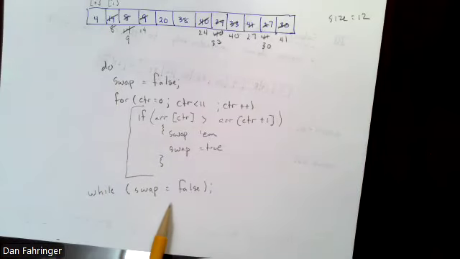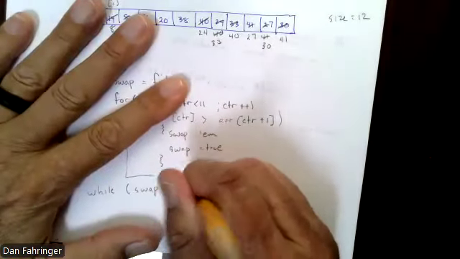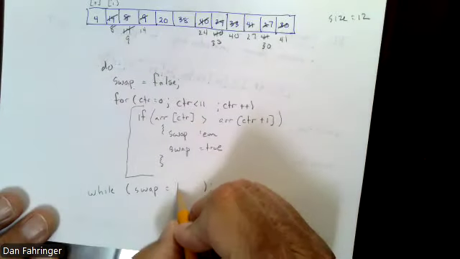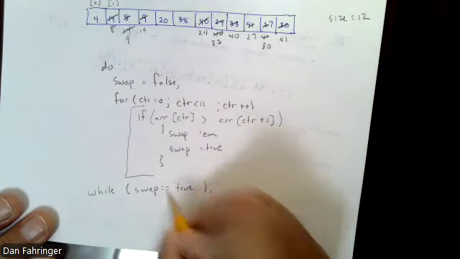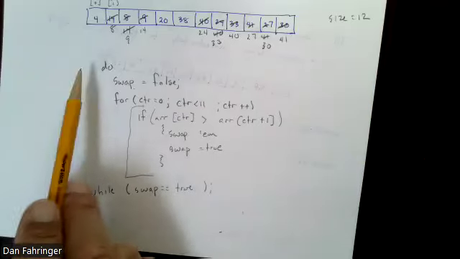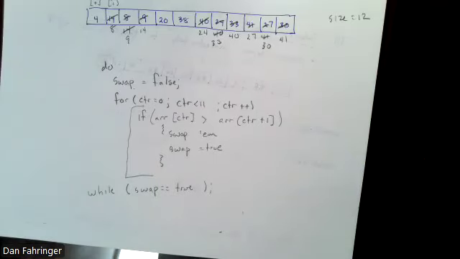Once it leaves the for loop, if it's true, that means there was a swap. You are correct. While swap happened, we come back up and do it again.